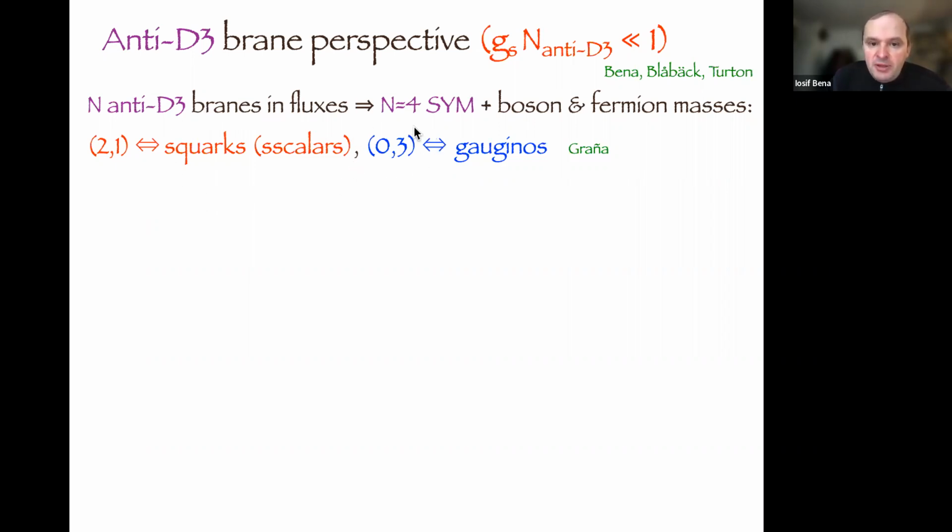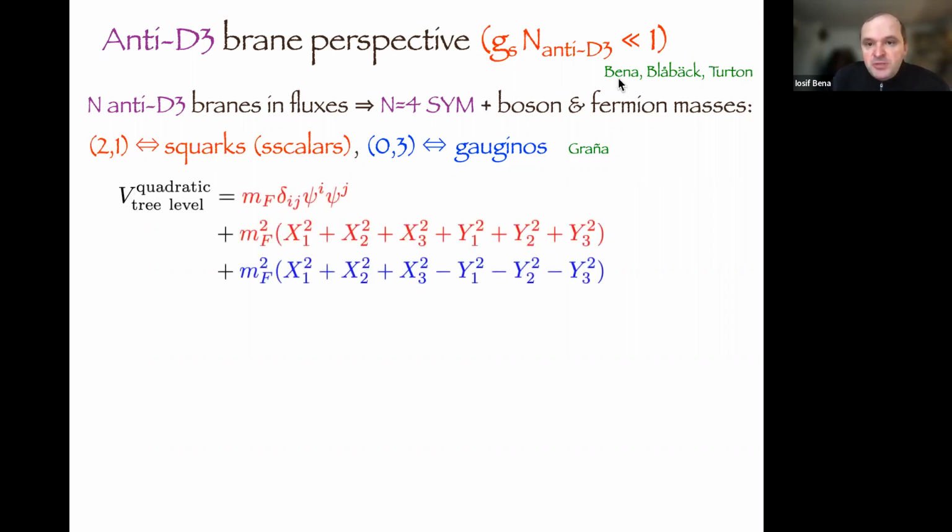Moreover, there's a 0,3 field, which gives mass to the gauginos. So this supersymmetric Yang-Mills theory will be deformed, first of all, by the red terms. Those are all supersymmetric terms, and they come again from the 1,2 fluxes of Klebanov-Strassler.